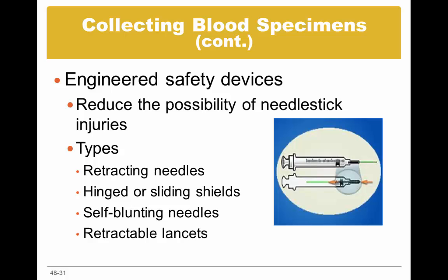So collecting blood specimens, continuing on with that, there are engineered safety devices that have been developed in response to the Needle Stick Safety and Prevention Act. The desired characteristics are that they perform reliably, they're easy to use, safe and effective, they're needleless whenever we can do that, they should not have to be activated by the user or may be activated using only one hand, and once you activate the safety device, it cannot be deactivated.